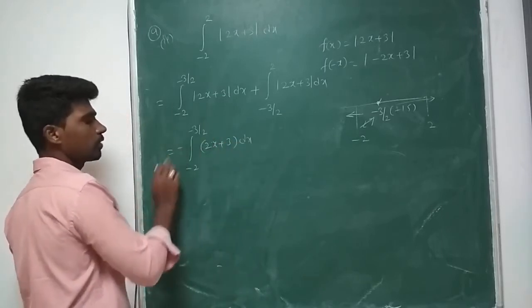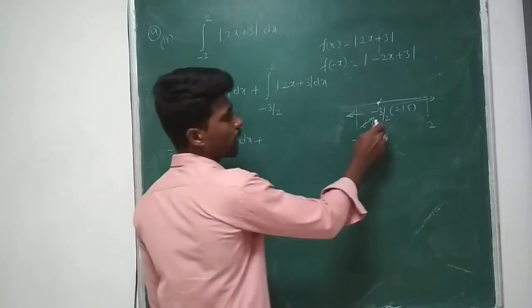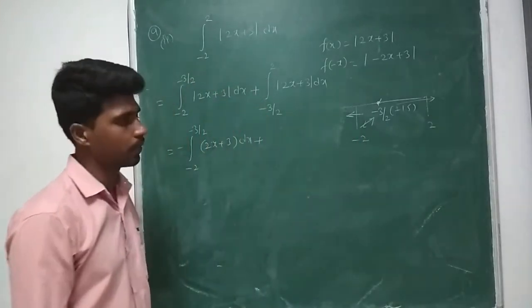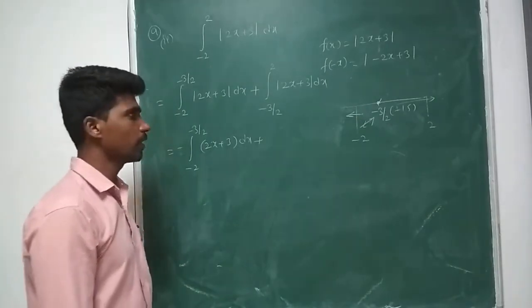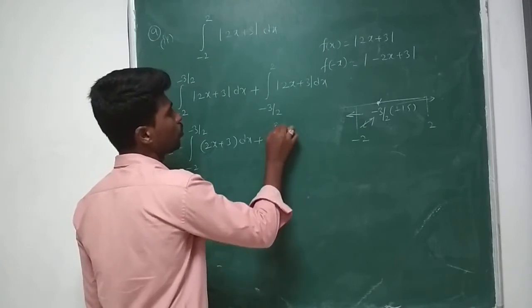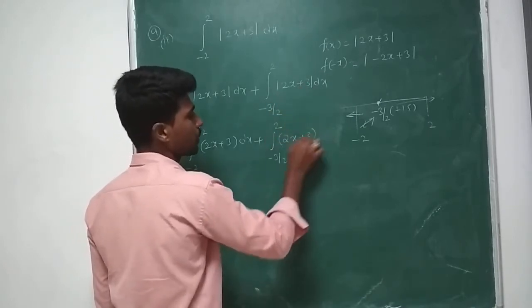I have taken the minus outside. Plus integral minus 3 by 2 to 2, which is the right side of the critical value, the turning point. If it is on the right side, the function value becomes positive. So I get the modulus as 2x plus 3 dx.